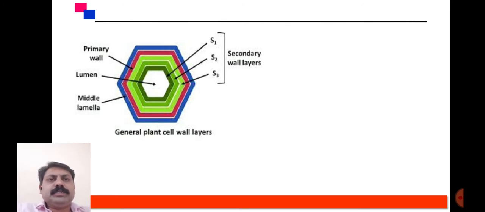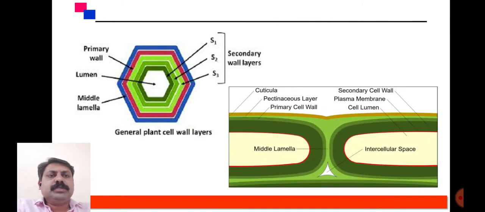The outermost layer is the middle lamella, followed by the primary wall and secondary wall. The secondary wall is multi-layered. It has three layers of secondary wall and on the inner side it has the lumen, the important internal component.